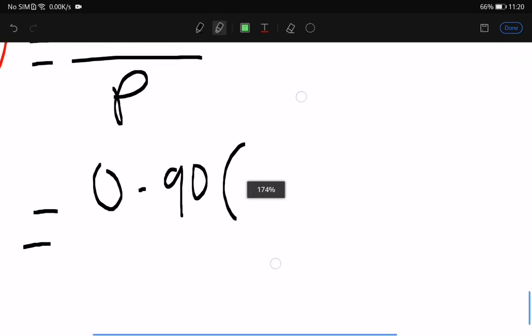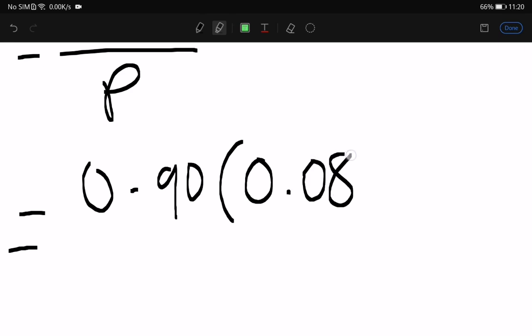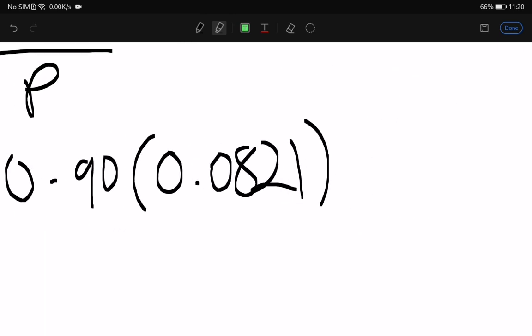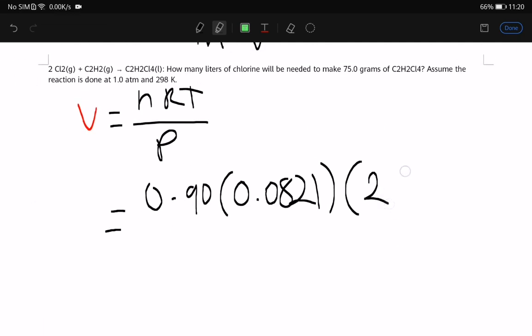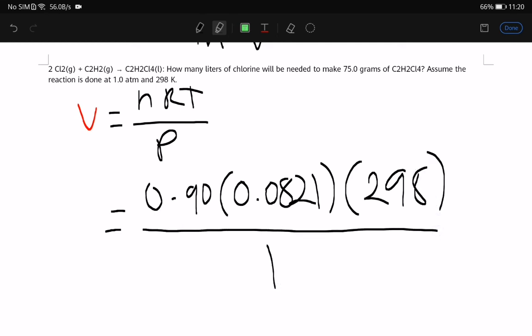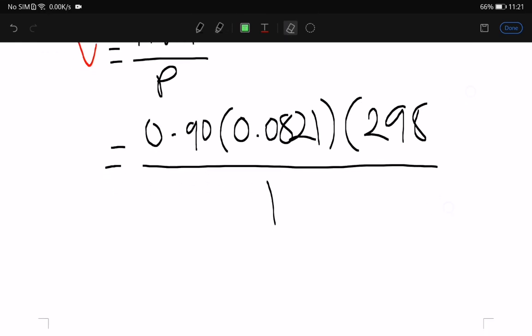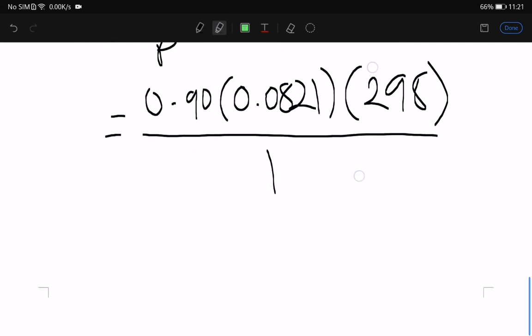Then your gas constant, 0.0821, times your temperature, which is 298, over 1. So 0.90 times 0.0821 is 0.07389.